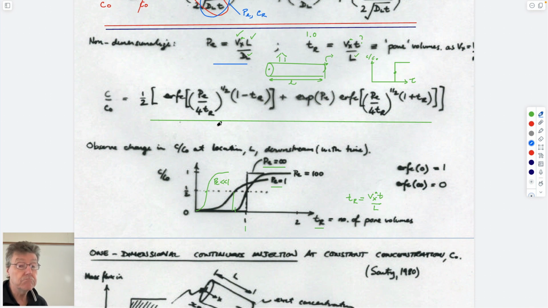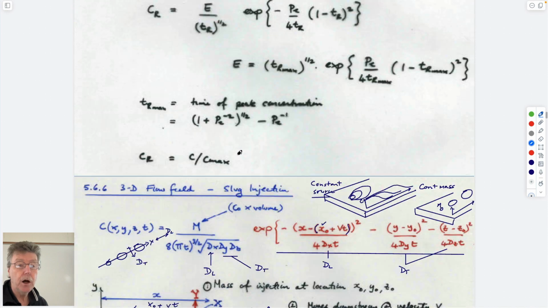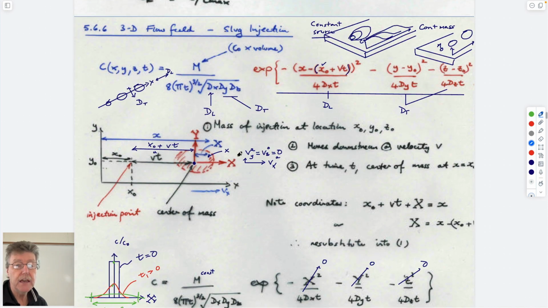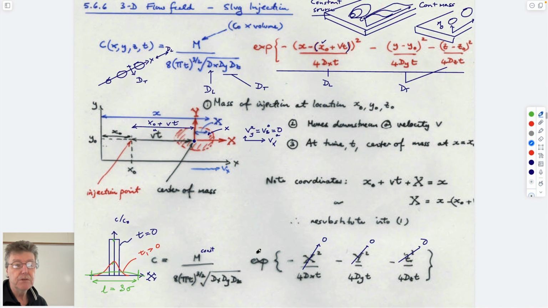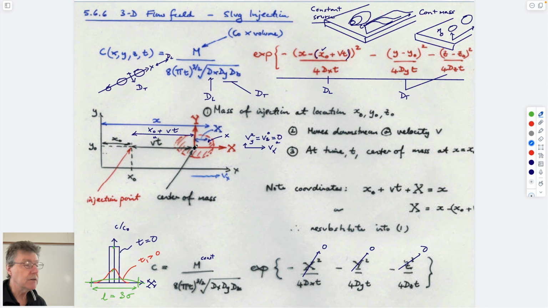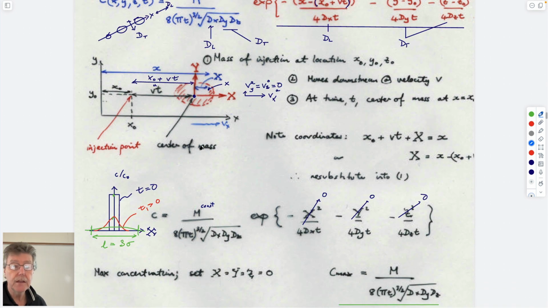And if you have a problem where you have three-dimensional behavior, then again we get kind of a complicated expression, but it's really quite simple if you think about it in terms of the probability distribution function just being carried downstream. It'd be the same way as a puff of smoke from a smokestack goes downstream as it gets carried by the air. Turbulence mixes it up and it gets bigger and bigger and lower concentration as it goes downrange.